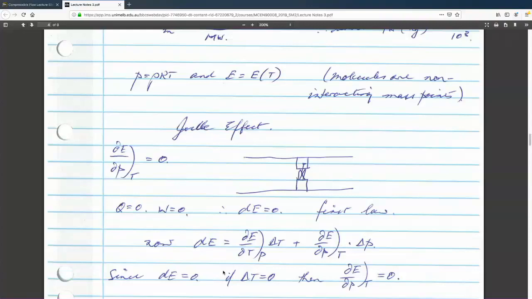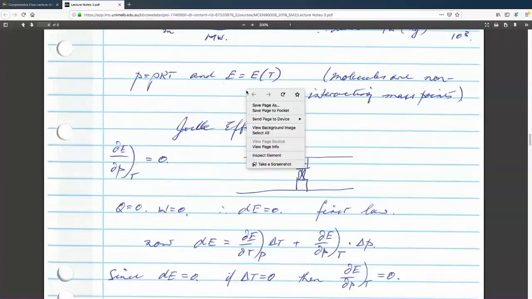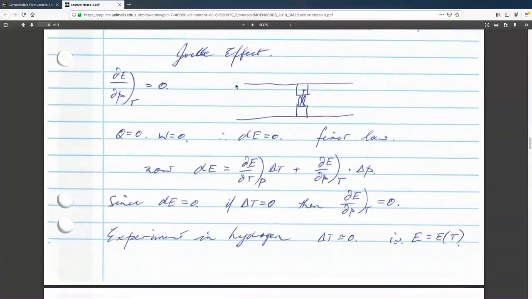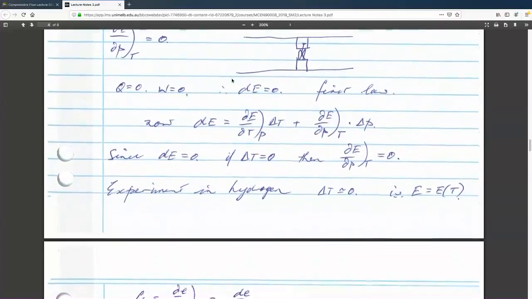It's remarkable. No wonder we name energy after Mr. Joule. He did the experiment in hydrogen and deduced that E was a function only of temperature.